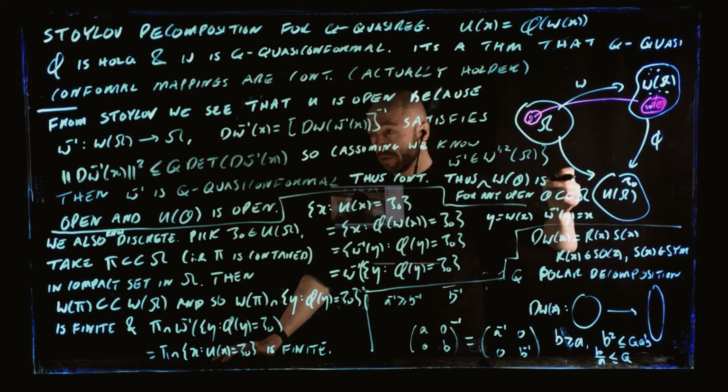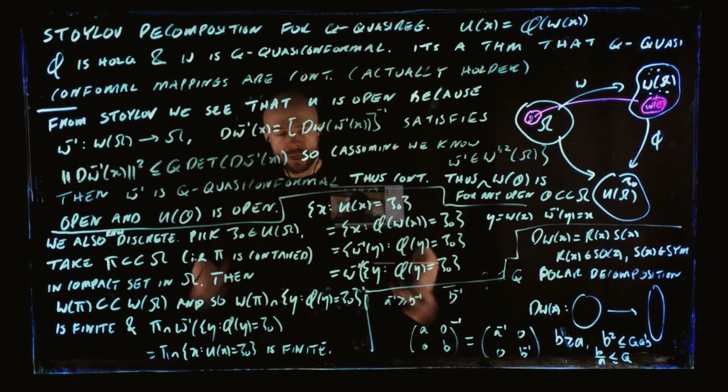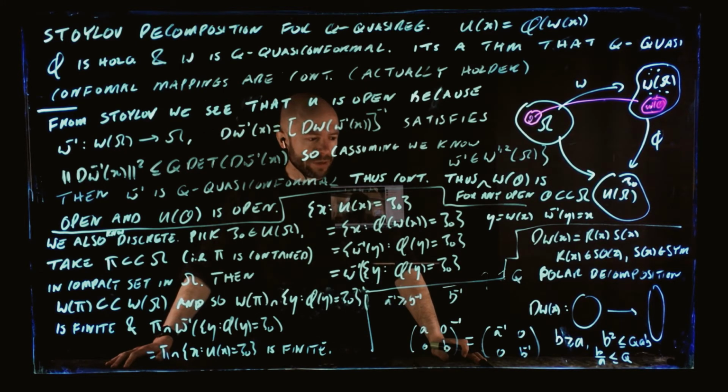So the Stoilow decomposition is a lot more powerful than these two main properties of quasi-regular mappings. And the Stoilow decomposition is only known in 2D. I mean, there's probably a theorem in high dimensions, but it just hasn't been proven.